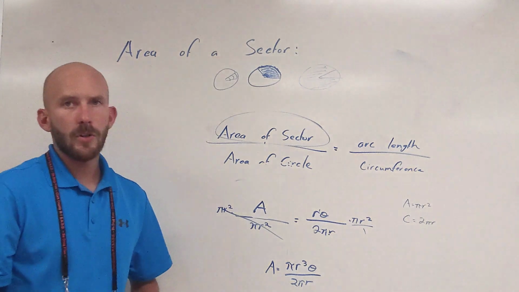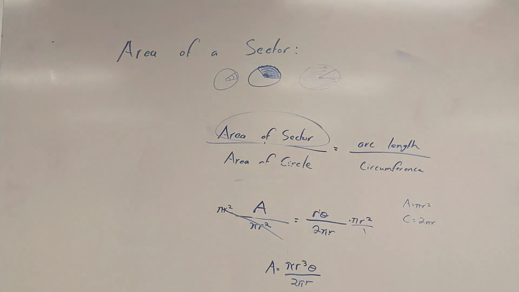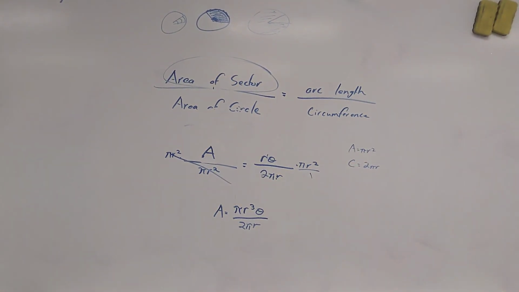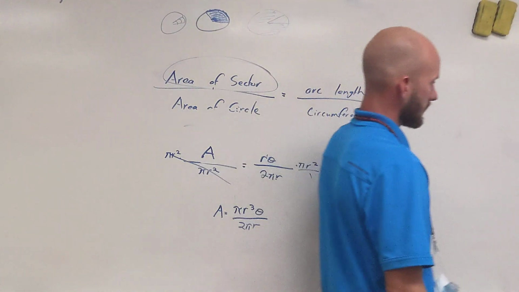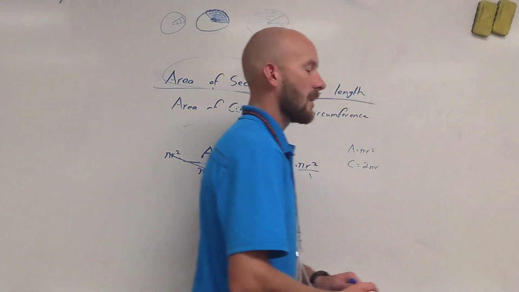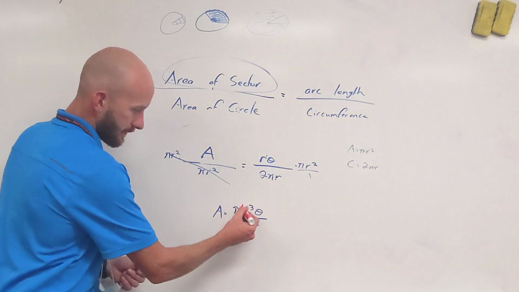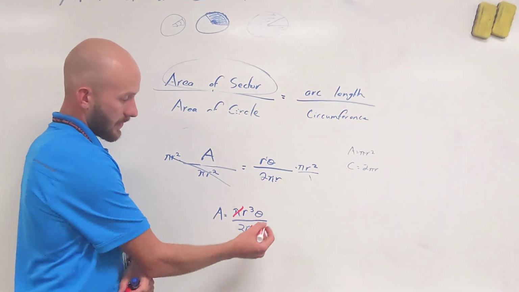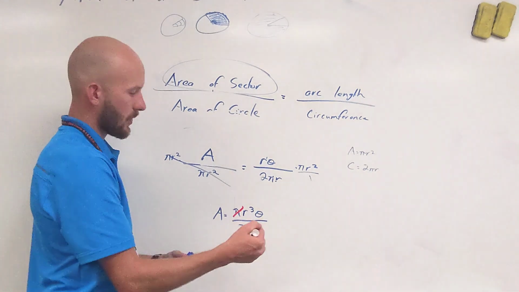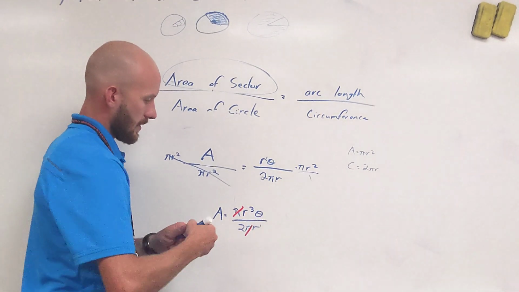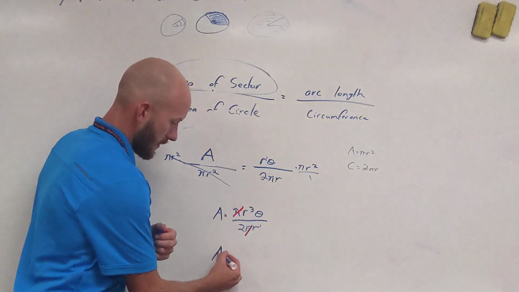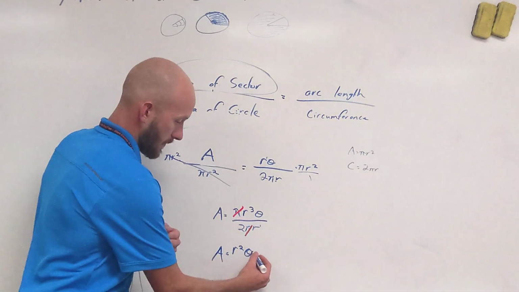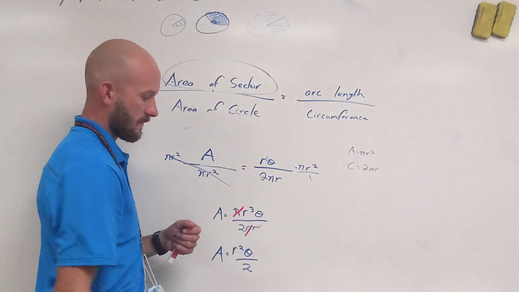And then, fortunately, I can simplify a couple things there. Notice I can cancel a pi out of the numerator and denominator, and I can also cancel an r out, or subtract the exponents, and we should get that.